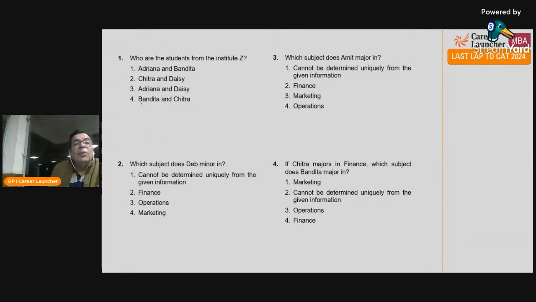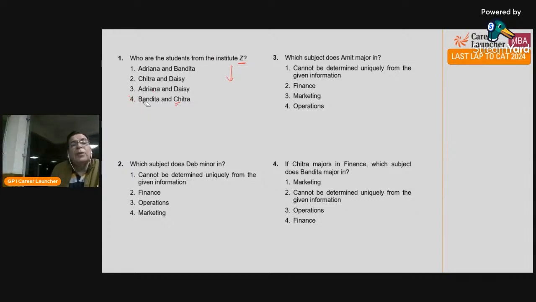The interesting thing out here is, who are these students from institute Z? This is a question which should be helpful to me. If I find, hypothetically, if I say B is from Institute X, that means I don't even need to worry about C, and this choice itself will become eliminated.